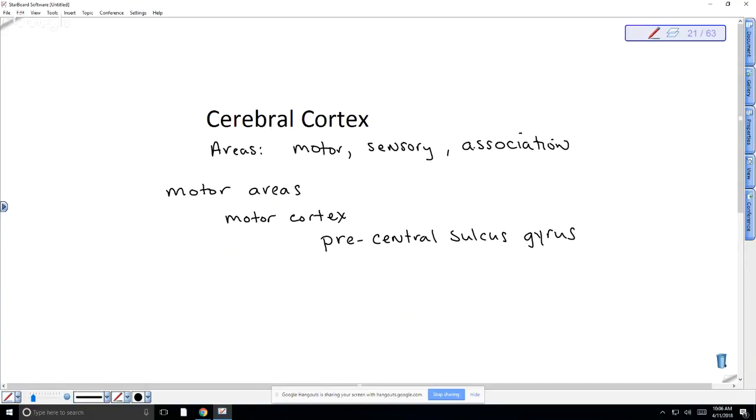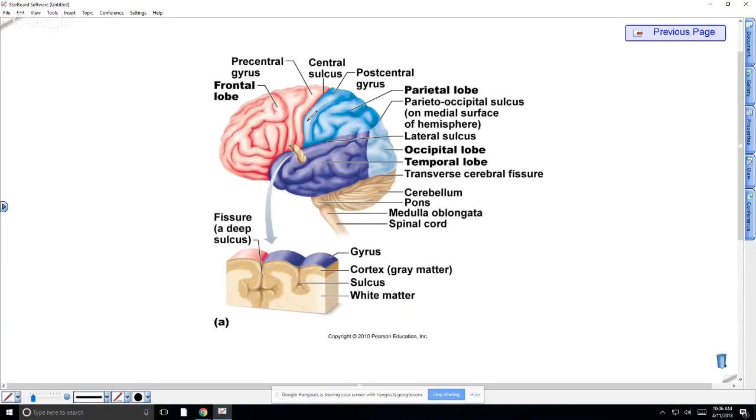So it is the ridge that is in front of that groove. So if we were to go back and look at where the central sulcus is, this is my central sulcus. And so this is my precentral gyrus, right? So it's in front of the sulcus, but it is a ridge.